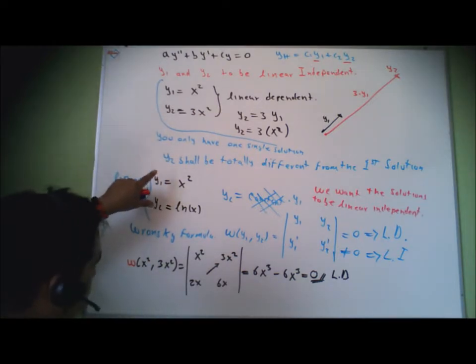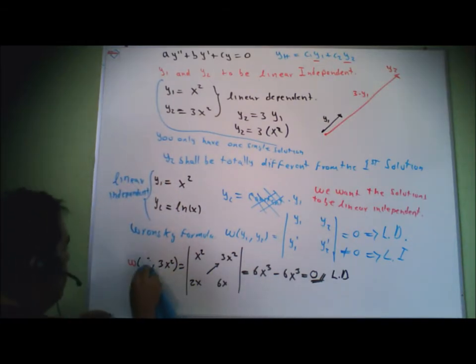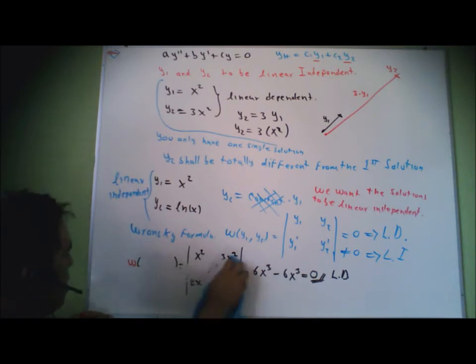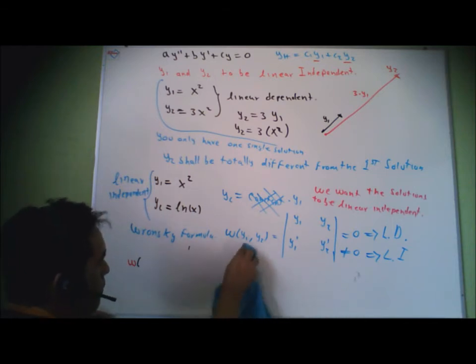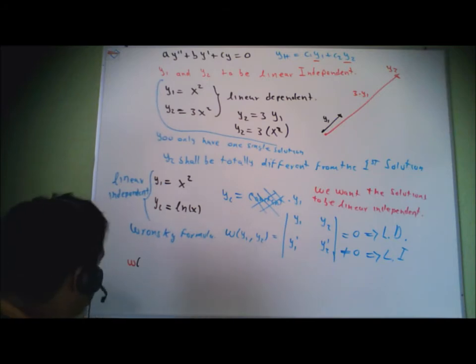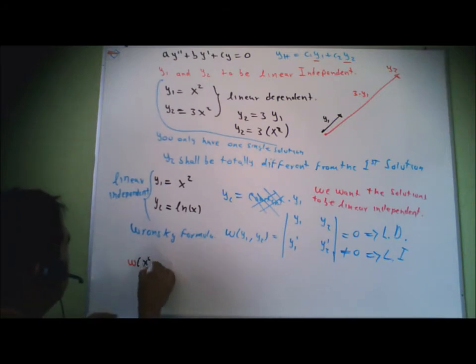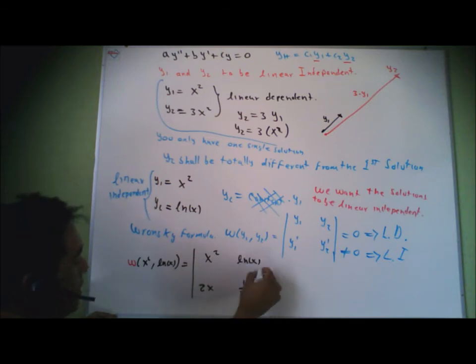Now let's do the test with the other set of solutions, with a very similar process. The Wronskian of x squared and the natural log of x is the determinant with x squared and the natural log of x in the first row, and in the second row 2x and the derivative of the natural log, which is 1 over x.